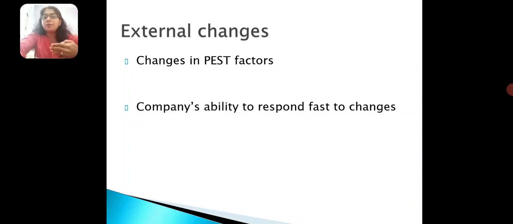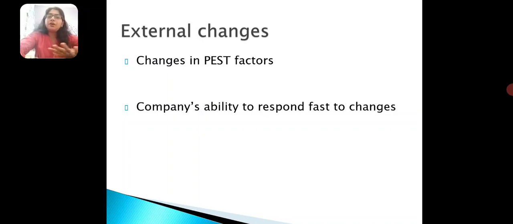Like you have adopted a new technology where you can manufacture, your productivity is more, or your cost of production has come low compared to the industry average, so you are able to sell it at a lesser price, so you have created more demand in the market for your product, because you have tapped this technology resource in a more efficient way.